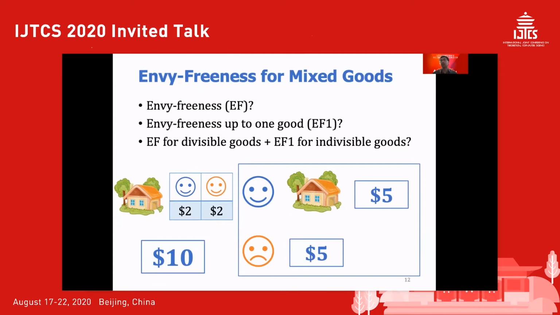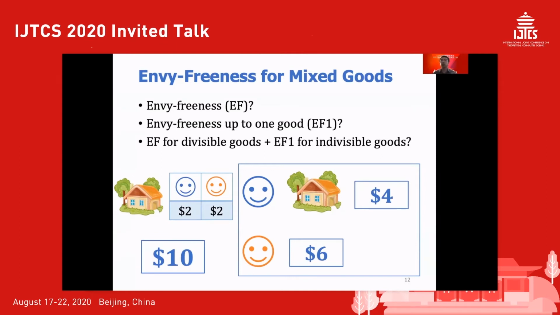In this case, I would argue that a fair allocation would be to give the first player the house and $4, and give the second player $6 to compensate for the house, which is worth $2.